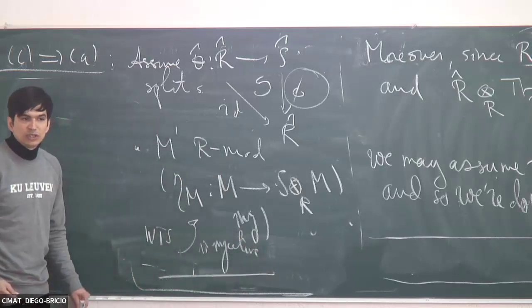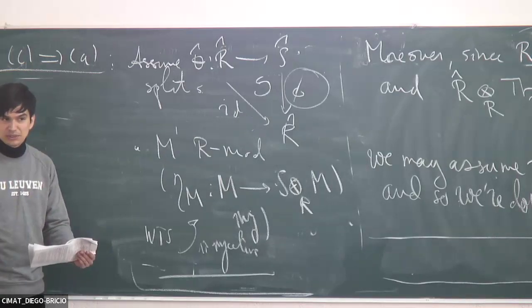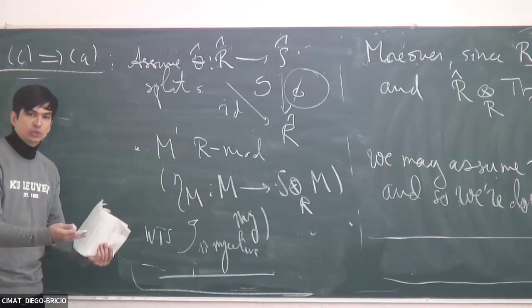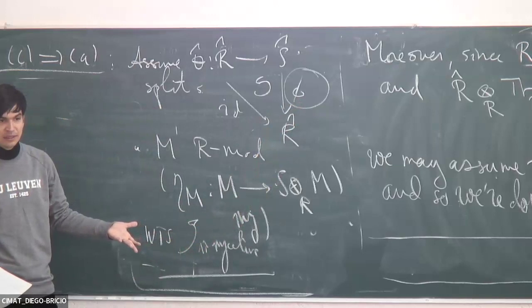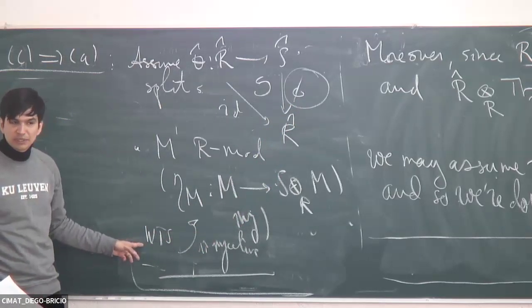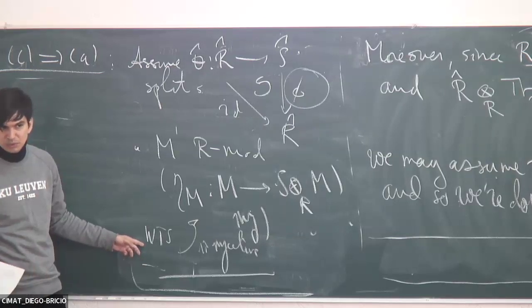And so we want to translate this, or transfer this, to the completion, because it is there where we have tools, i.e. phi, to do that. So is it true that we can just complete, or base change by the completion, to be more precise?